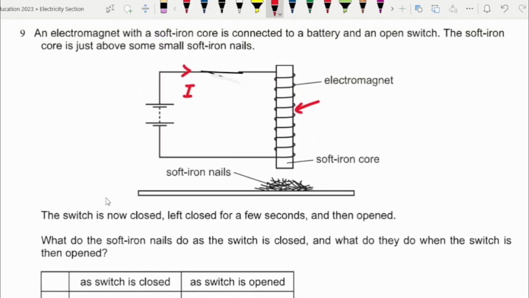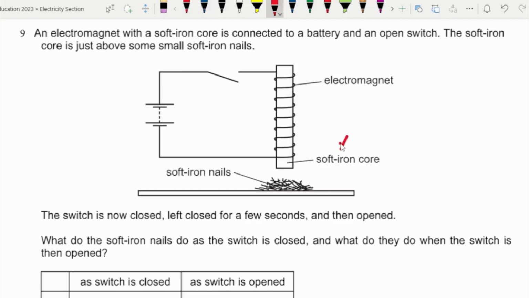And as you open the switch, it means now the circuit is off. So the open switch would look something like this. Now the current cannot flow through the circuit. The electromagnet would once again demagnetize because you're using soft iron.